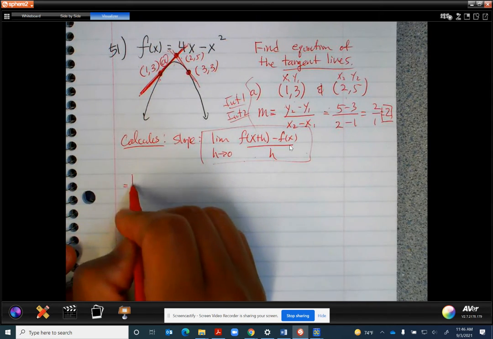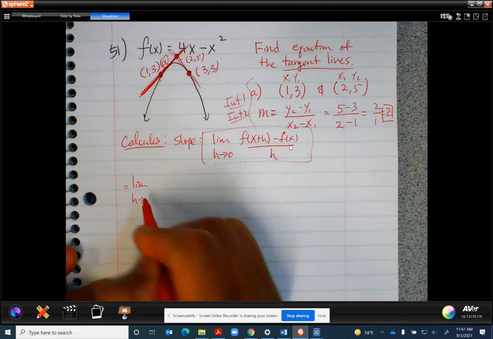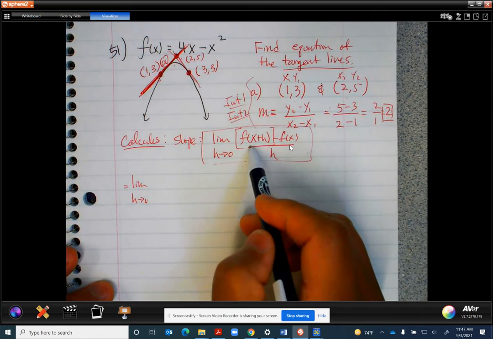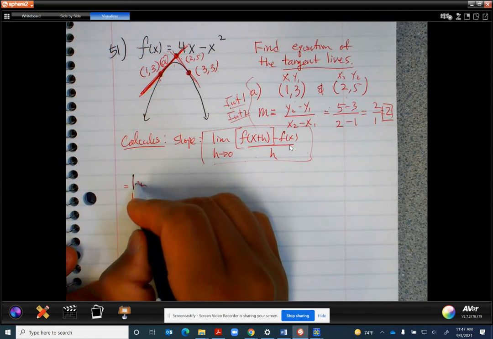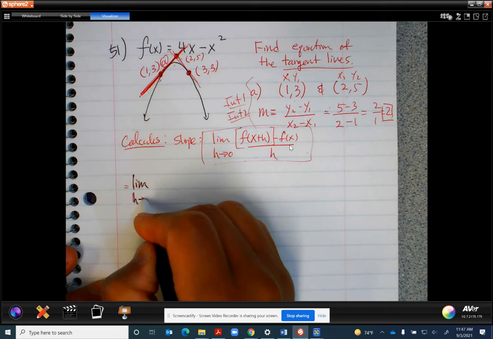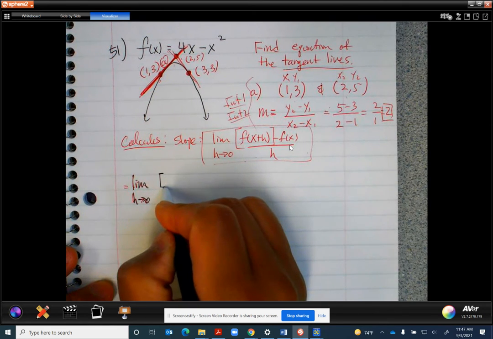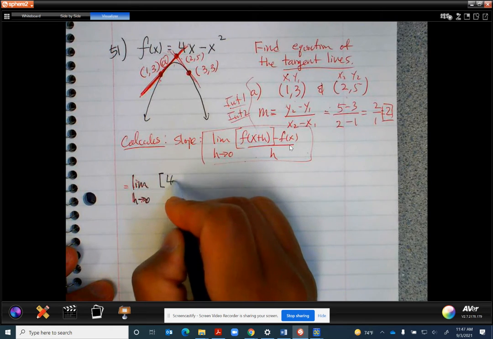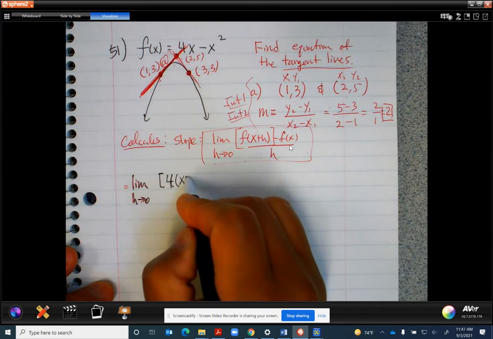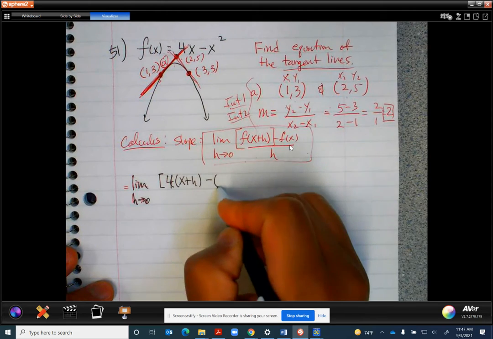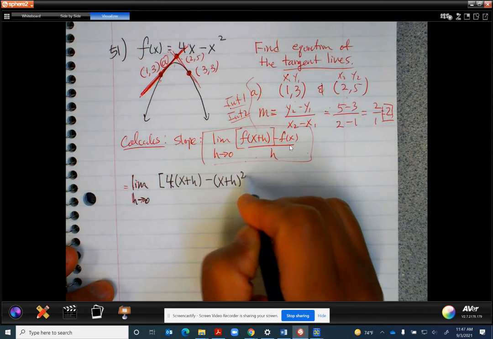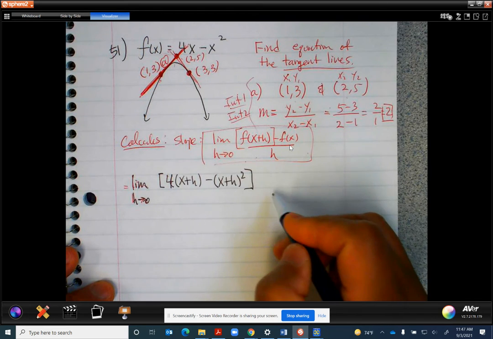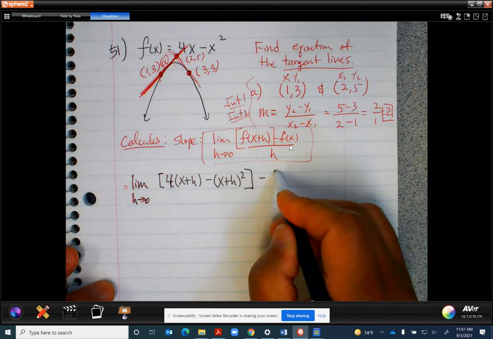So what is this? This is limit h goes to 0. What is f of x plus h? Can someone tell me what f of x plus h will be equal to? Bracket, parentheses, 4 parentheses x plus h minus parentheses x plus h squared. Oops, sorry.